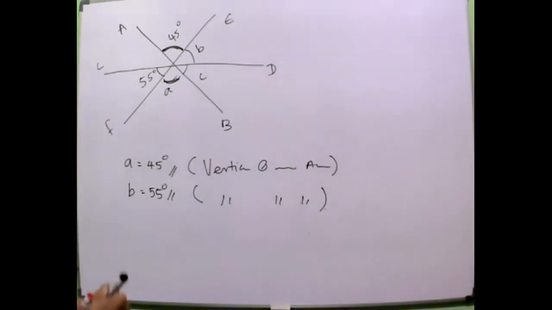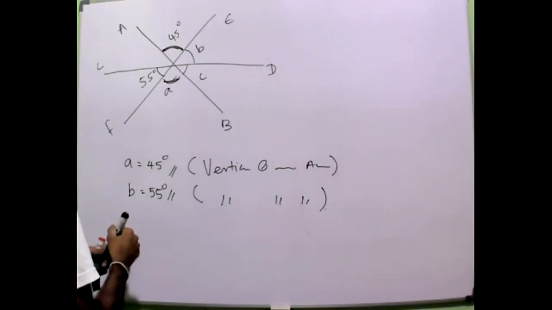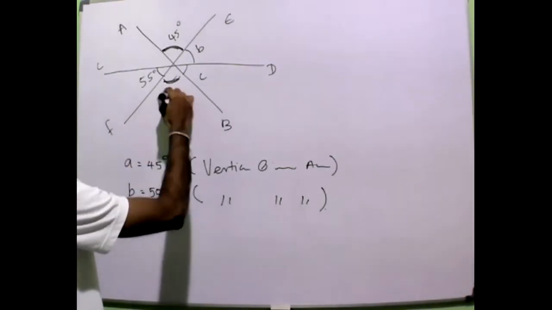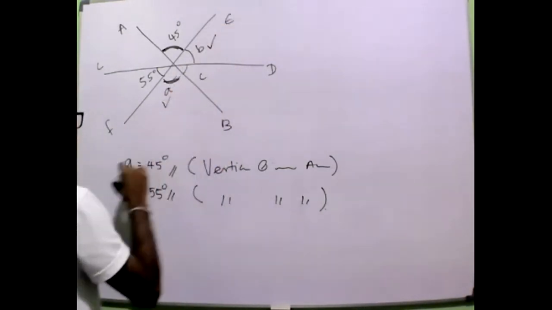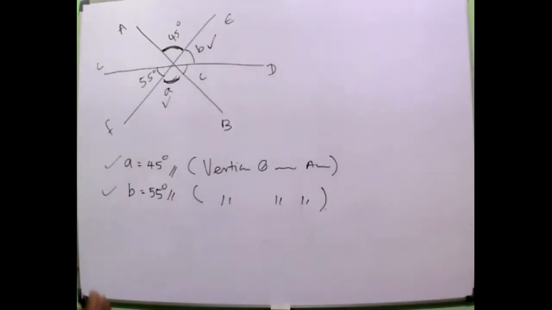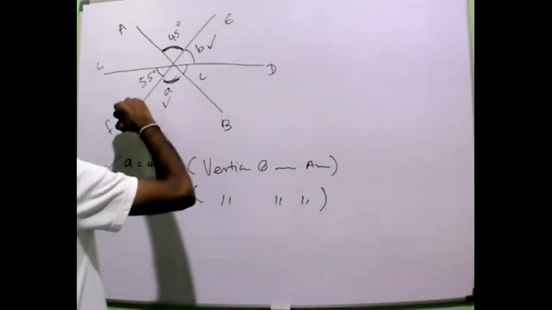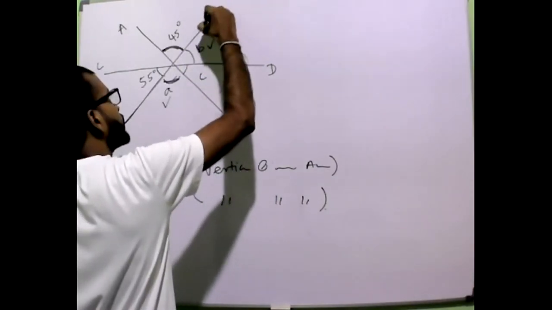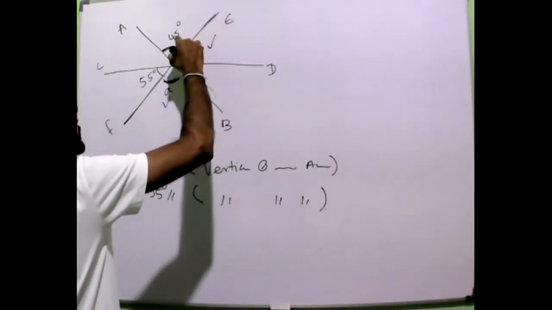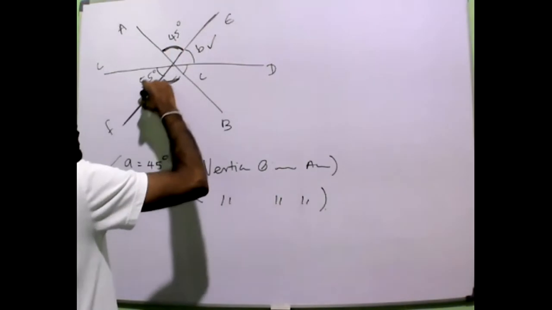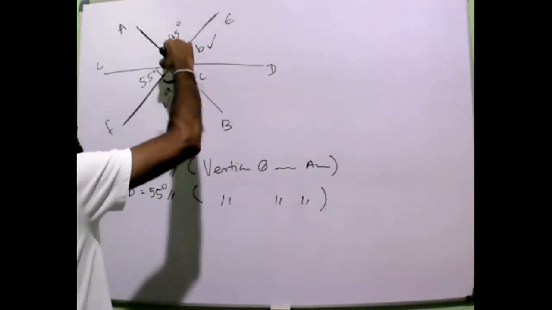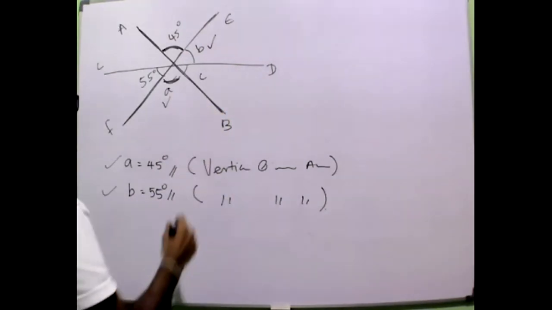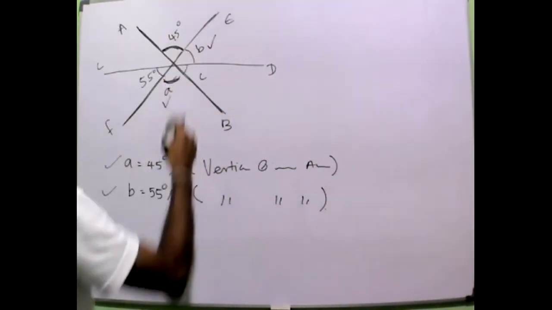Now you know what is the magnitude of A and what is the magnitude of B. 45 and 55, right? So EF, what can you say about EF? Or I will take AB. AB is a straight line, right?